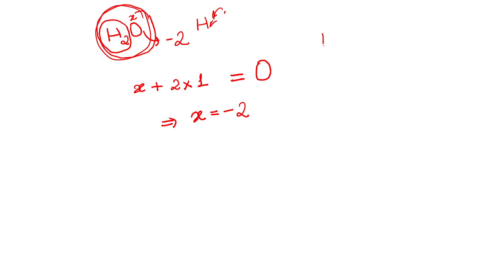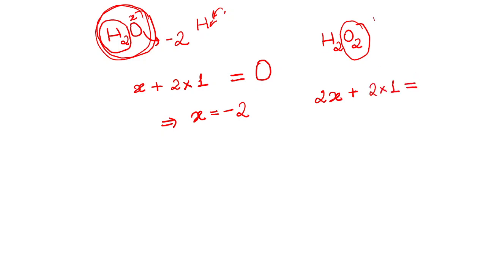Now if I am calculating this for H2O2, let us see. We have to calculate for oxygen, so we consider oxygen as X. How many oxygens are there? 2 oxygens, so we write twice X. Plus, once again, how many hydrogens are there? 2 hydrogens, so 2 into 1.